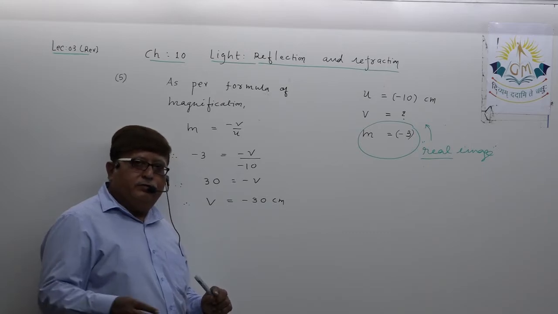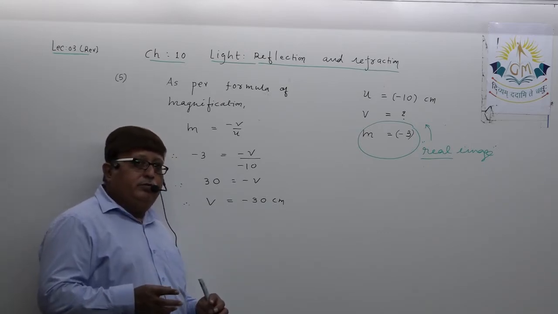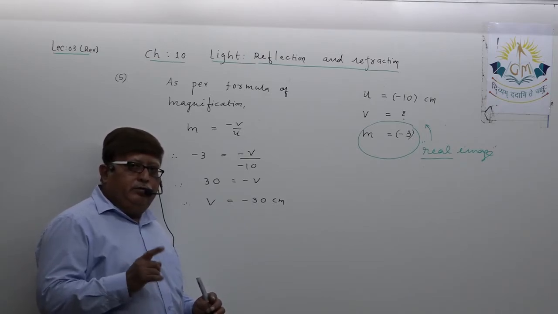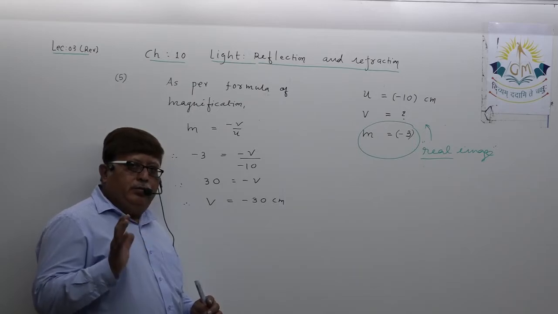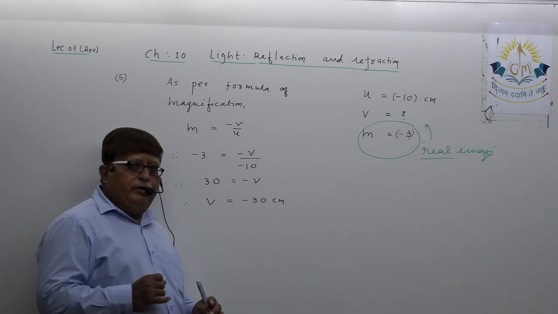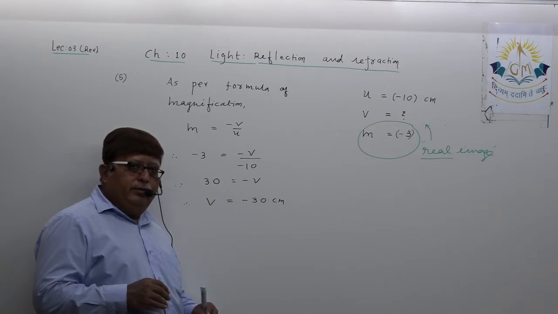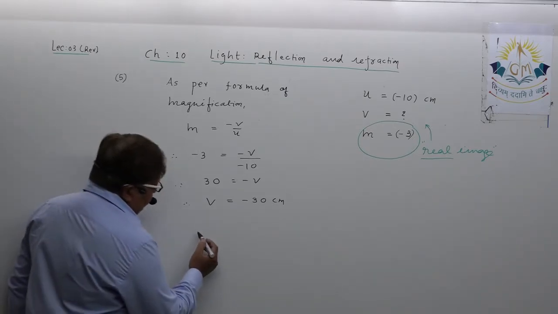You understood? That's why I took your lecture number 1, just to explain that M negative suggests a real image, and M positive suggests a virtual image.